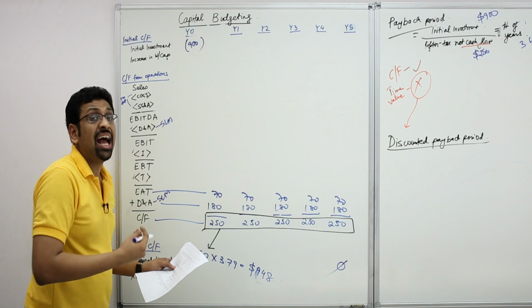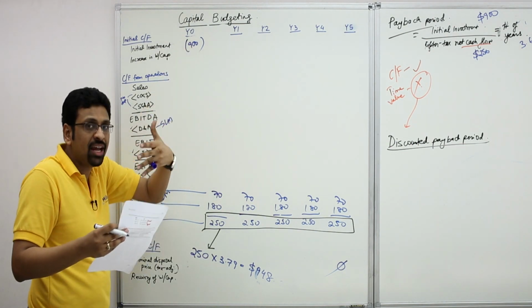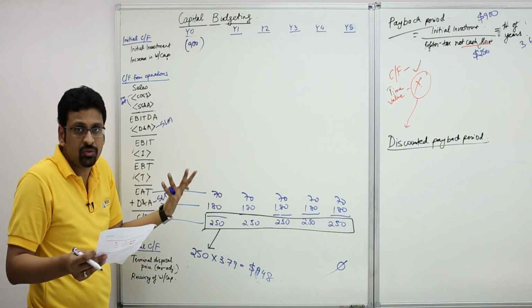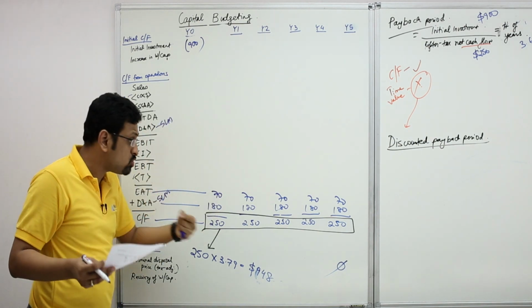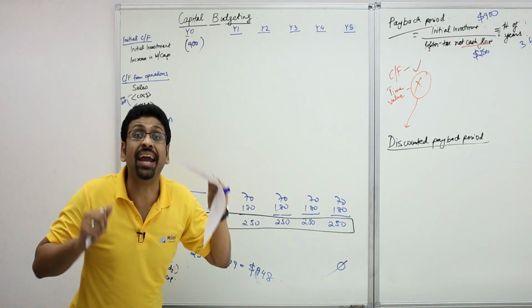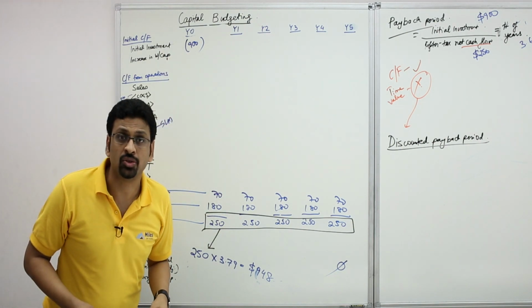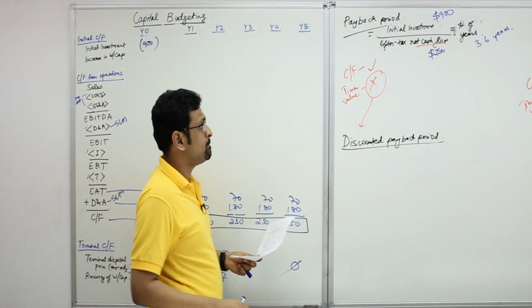What's the present value of cash outflows? So all that $900 is going on day 1. So the present value of $900 on day 1 is $900. So present value of cash inflows, 948. Cash outflows, 900. What's the net present value? 948 minus 900, $48. So let's put it on a board there.